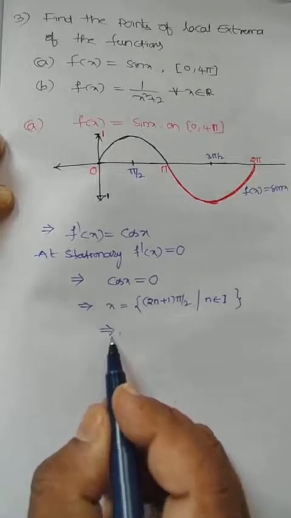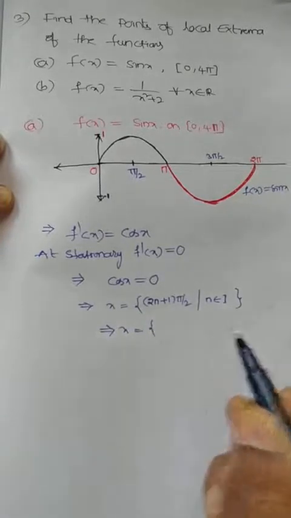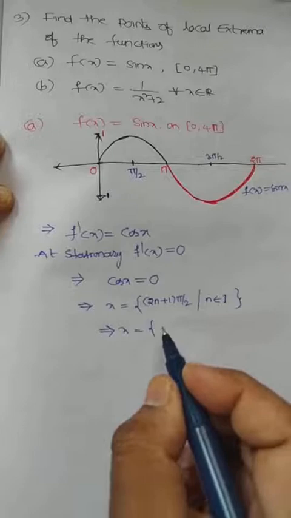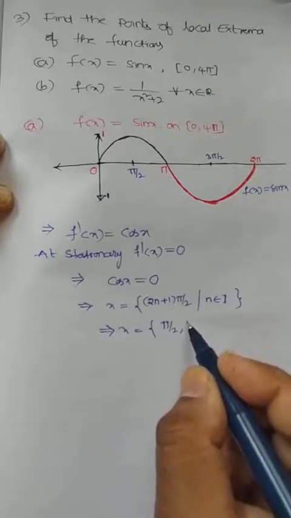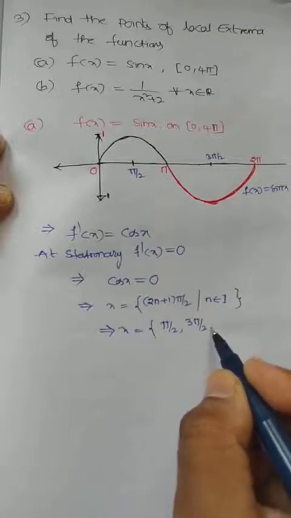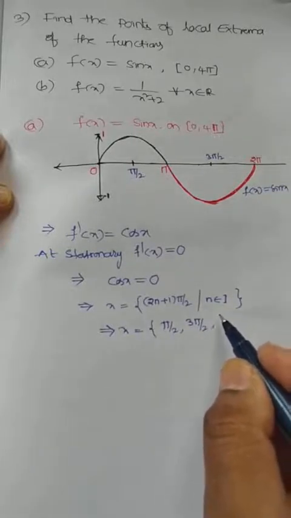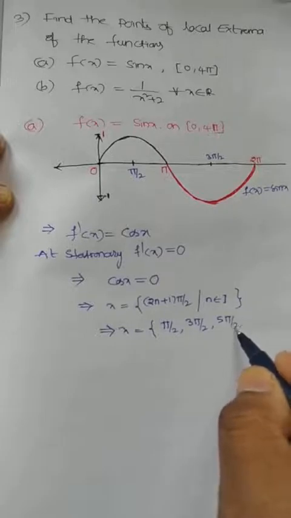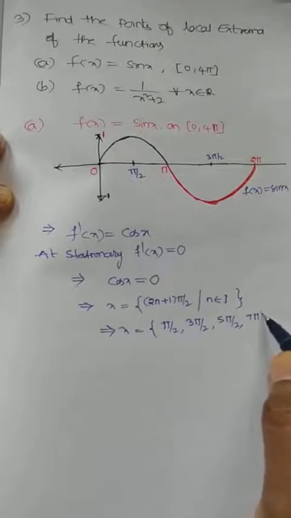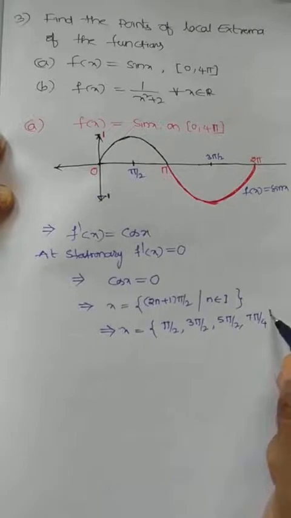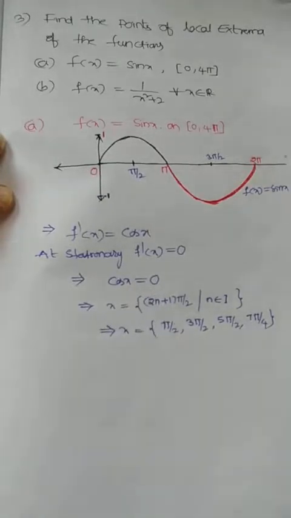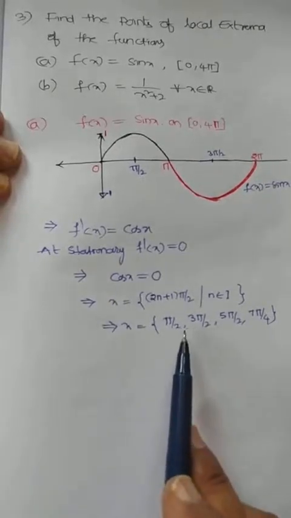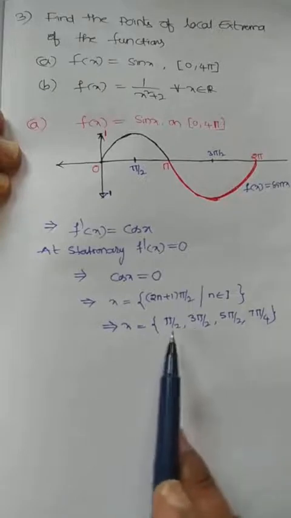For our required domain, x may be pi by 2, 3 pi by 2, 5 pi by 2, again 7 pi by 2. These are all the values of x that satisfy cos x equals 0, so these are all the stationary points for the given function.